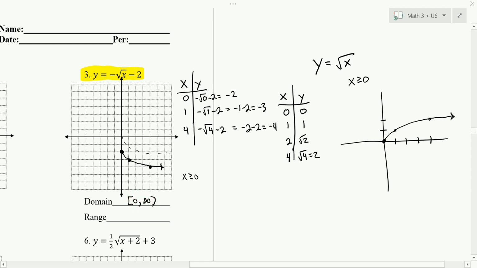And the range, the highest it goes, we see at negative 2 for the y value, and it keeps dropping, and it will slowly keep dropping as low as we want. So the lowest is negative infinity up to the highest at negative 2. Use brackets because we include that value.